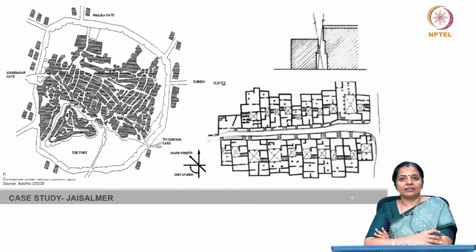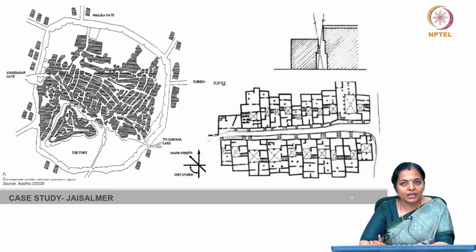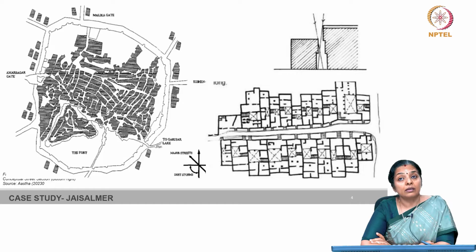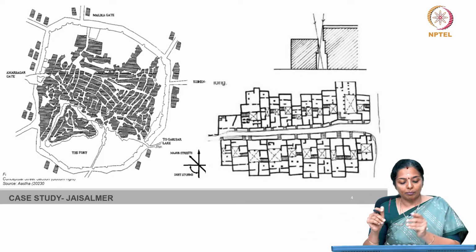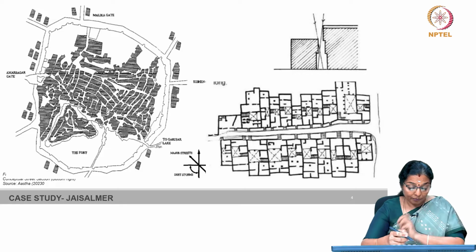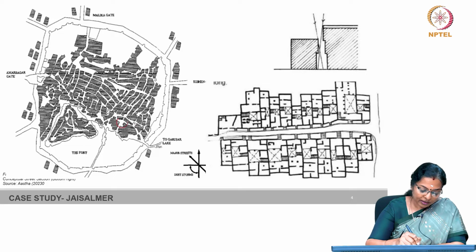Let us look at the plan form. Now, Jaisalmer's street has sizable open spaces which serve as community hubs. Now, if you look at the plan form, you can see a number of open spaces which can act as community spaces.